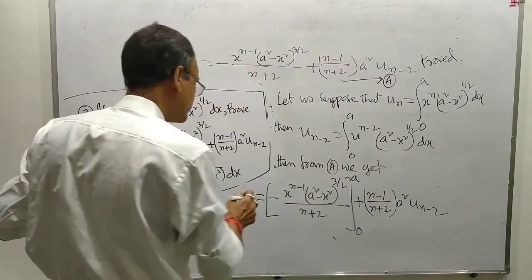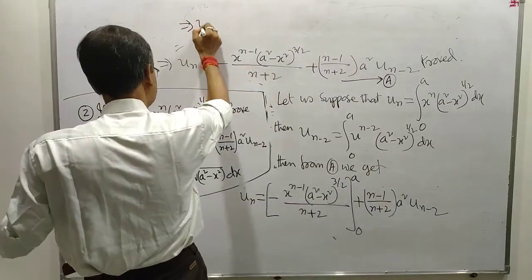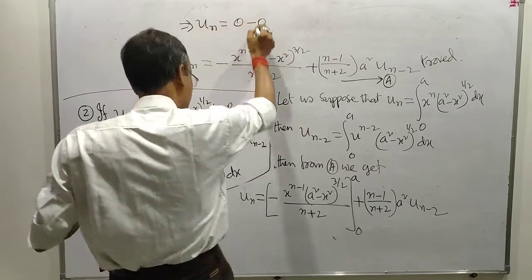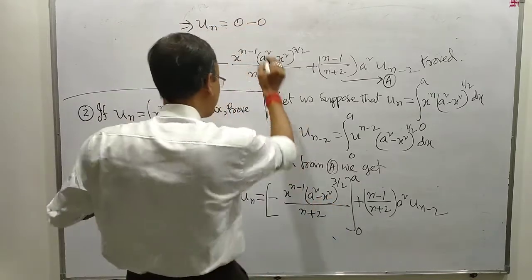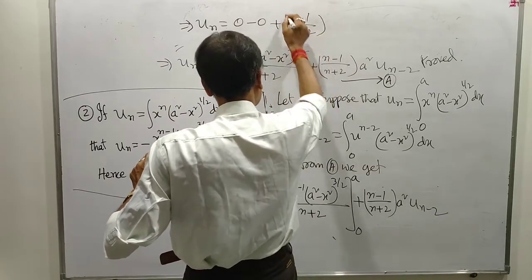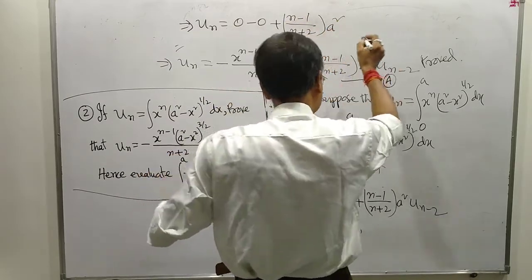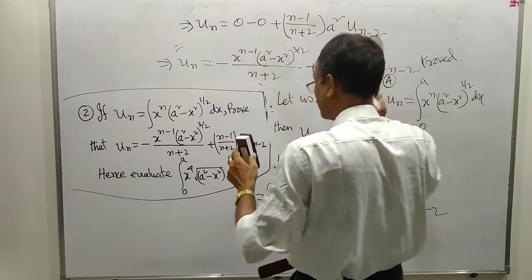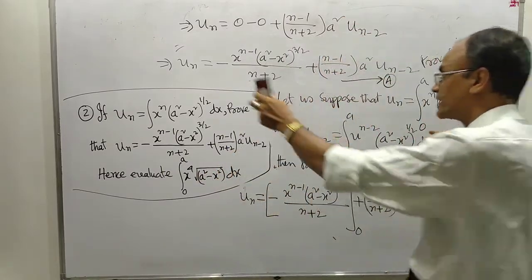Therefore, un equals 0 minus 0 plus n minus 1 divided by n plus 2 times a square un minus 2. You will get this one.